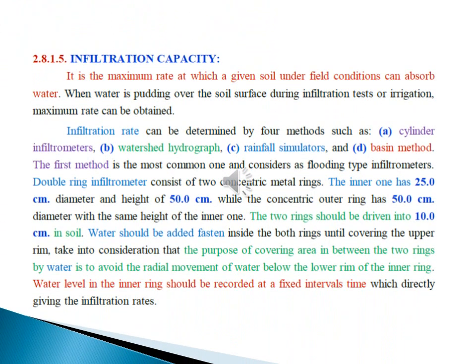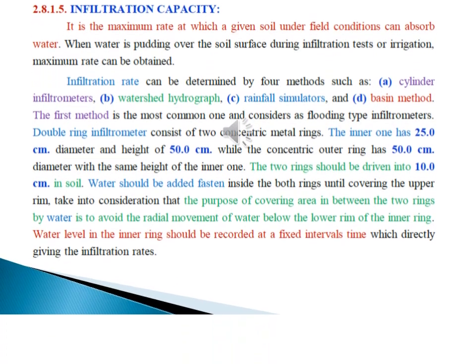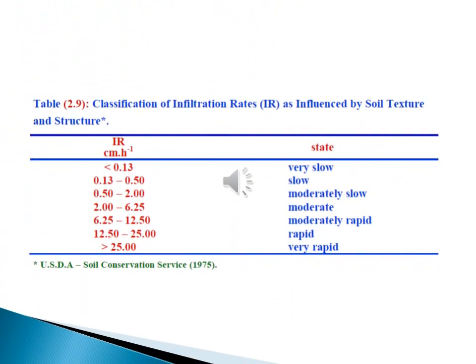Infiltration capacity is the maximum rate at which a given soil under field conditions can absorb water. It can be determined by four methods, such as cylinder infiltrometers, watershed hydrograph, rainfall simulators, and the basin method. Table of classification of infiltration rates as influenced by soil texture and structure.